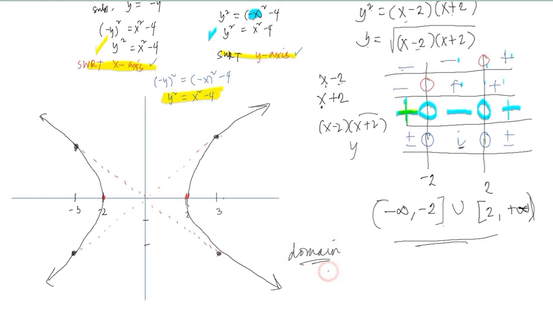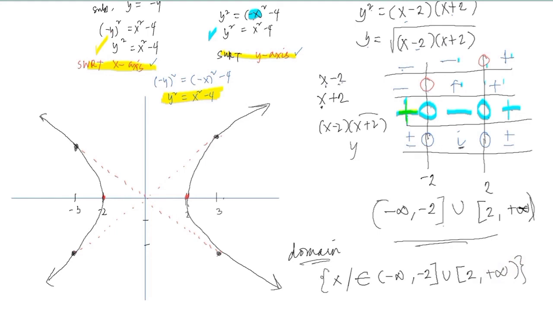We can say that any value of x such that x is an element of the set from negative infinity up to negative 2 inclusive of the negative 2 union of the set from 2 up to the positive infinity. So, this is your domain, no? So, this domain here is the domain with respect to the x, no? Sa x naman to siya.